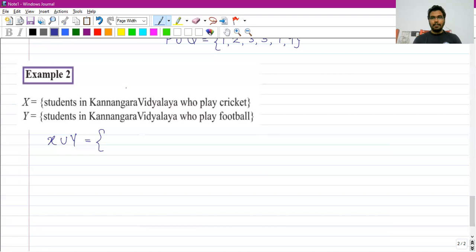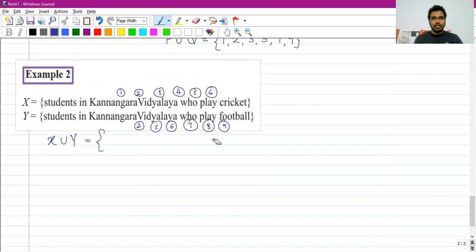Shall we take a few students? I will name 1, 2, 3, 4, 5, 6. These 6 students play cricket for Kannangara Vidyalaya. Next, I will take a set of those who play football like this: 2, 5, 6, 7, 8, 9. These are the students who play football for Kannangara Vidyalaya.